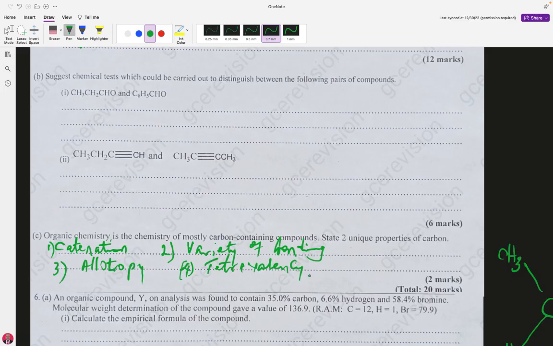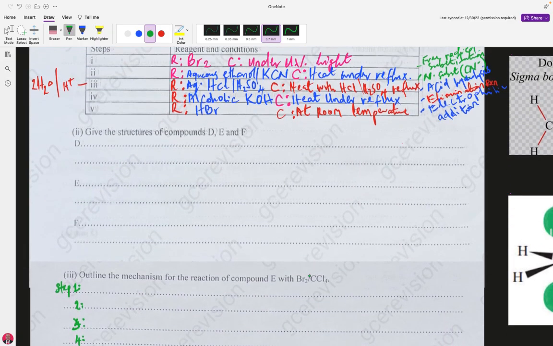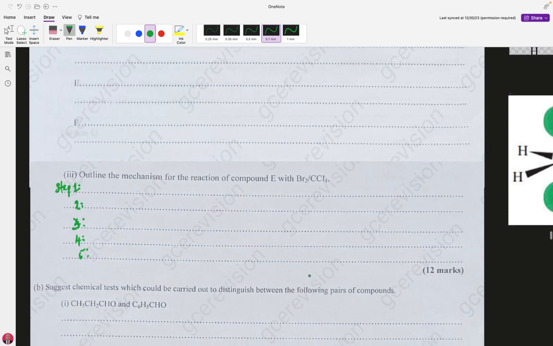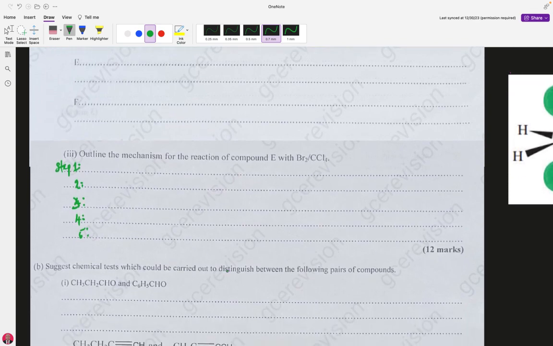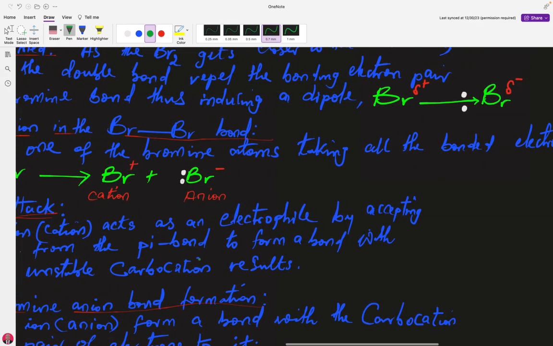I was going to go back to one thing for the purpose of revision, for those of you who will be writing in a few months from now. Outline the mechanism for the reaction of compound E with bromine in tetrachloromethane. You may have the mechanism as outlined here, but there's something that is lacking.